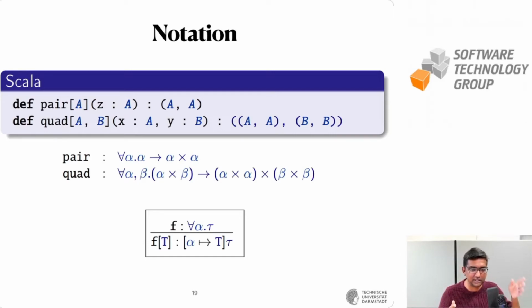So you're saying essentially substitute alpha with t, and the type of the function is essentially the rest as is, which is tau, right? It can be here in this case, alpha arrow alpha cross alpha for pair, and alpha cross beta arrow alpha cross alpha cross beta cross beta, right? And this would be sufficient for any of the type checking.